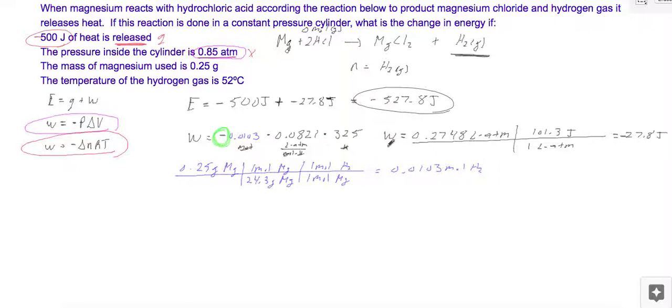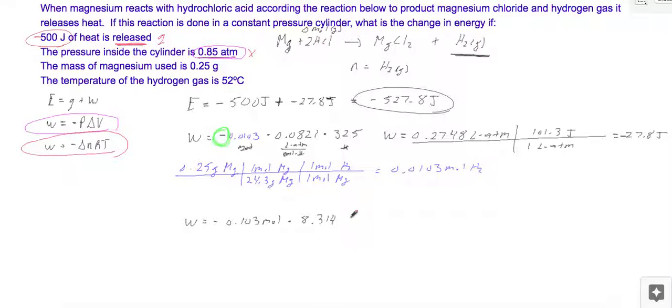Now I wanted to show you this step again here, the work here just a little bit differently. What we can do instead is do the negative 0.0103 moles times 8.314.